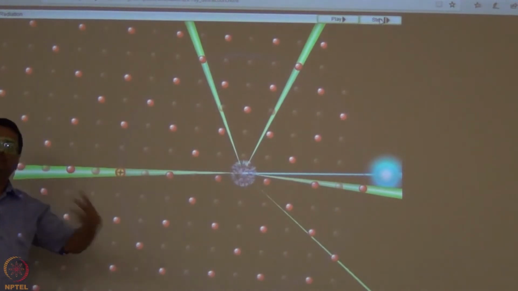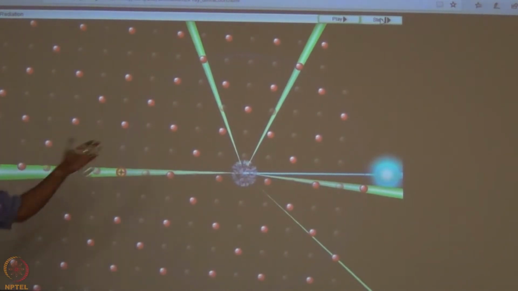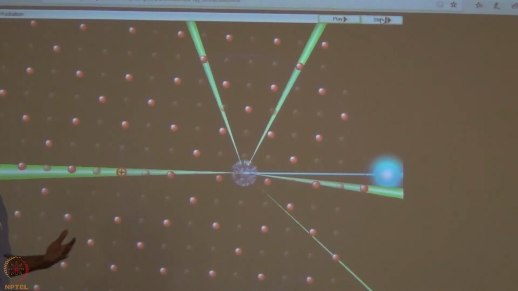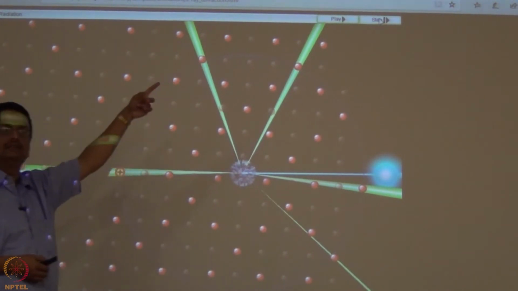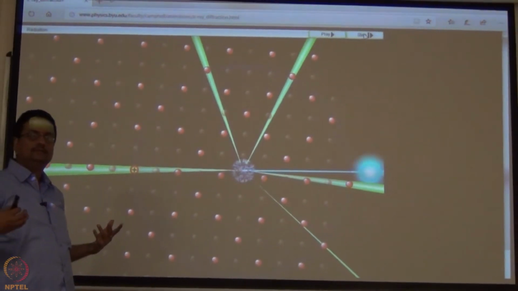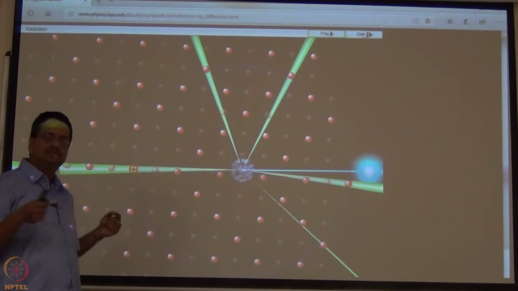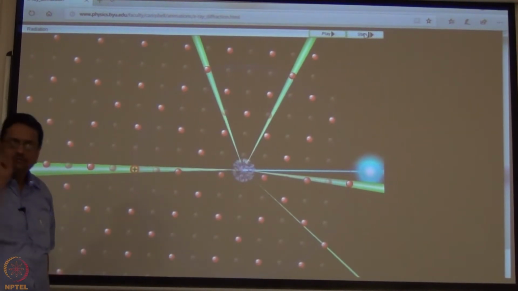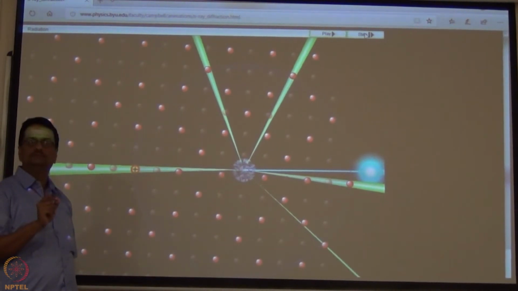So when you place the detector at a higher value of theta, you record diffraction data that is going at very high angle. What is going at very high angle? The reciprocal lattice points which correspond to very, very small d values.